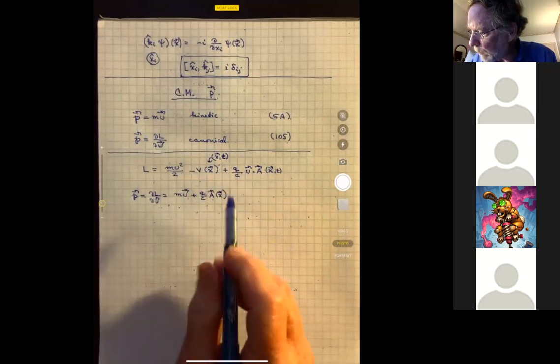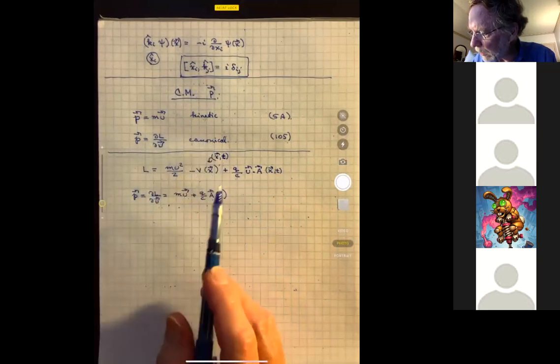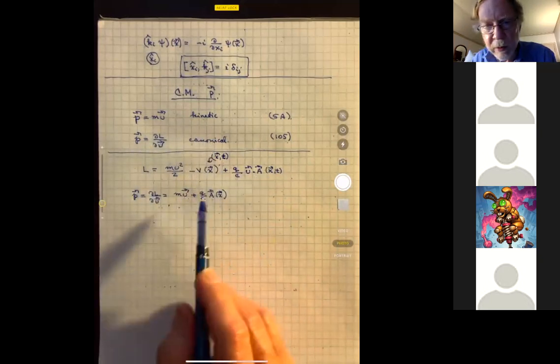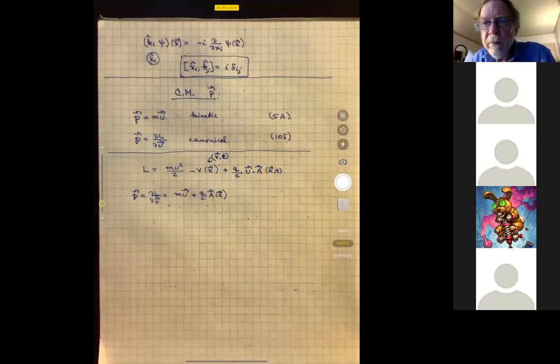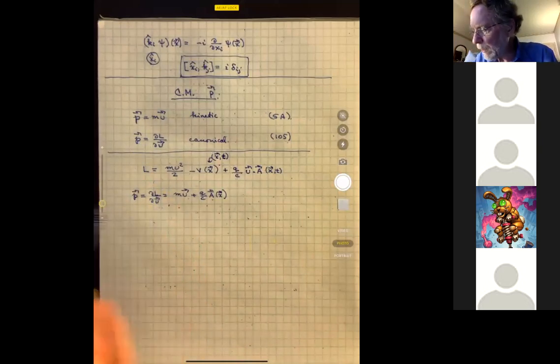And so the canonical momentum differs from the kinetic momentum in the case in which there is a vector potential. Now, in this course, we're going to give a fair amount of attention to problems with magnetic fields, so it's going to be important to distinguish these two. If you never deal with magnetic fields, you don't have to worry, these two are the same. But in any case, we will pay attention to this. So these are different definitions if A is non-zero.